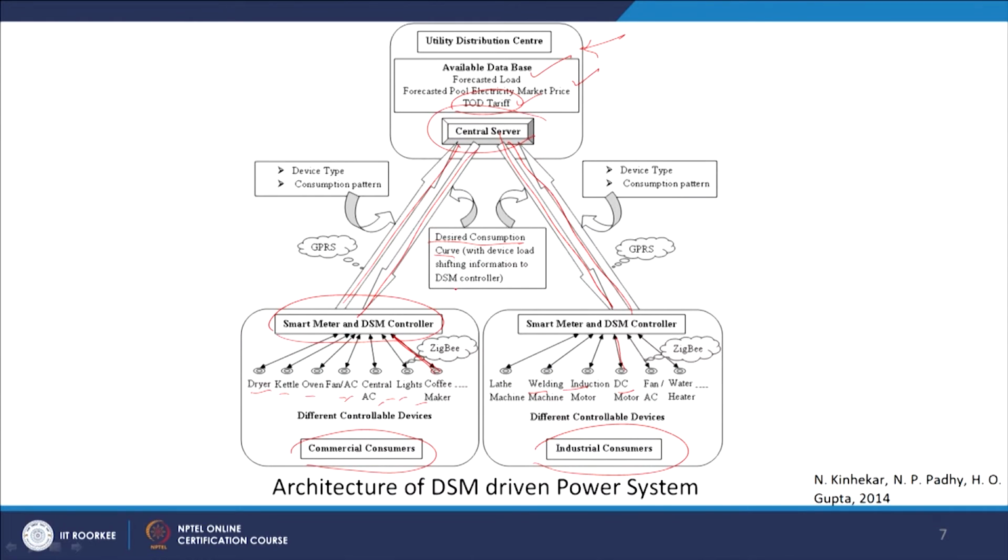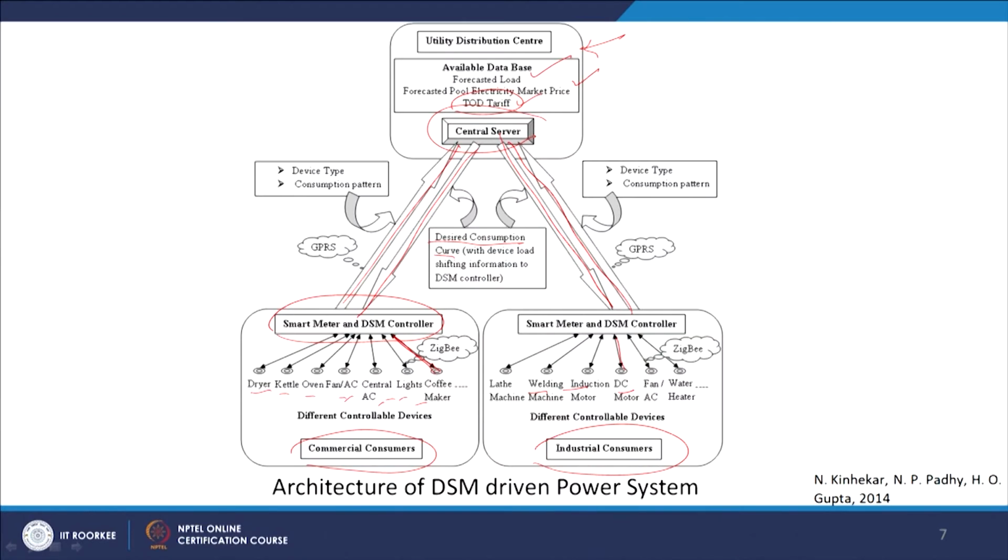They can perhaps follow accordingly, and load shifting suggestions can be advisable. Now, step number 1, where the utility can advise both my commercial and industrial consumers that please follow this load pattern, so that your electricity bill will be minimum, or you can optimally utilize the time of day tariff which is made available to you.